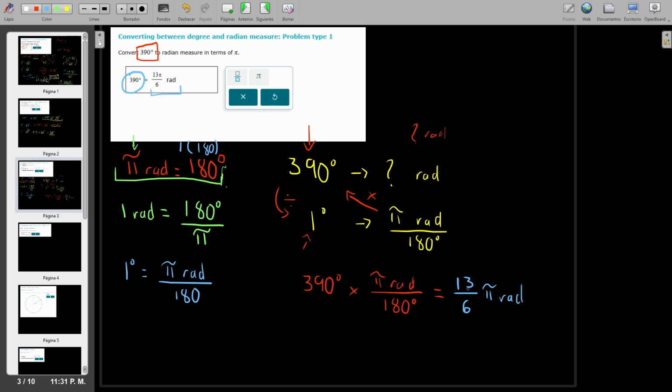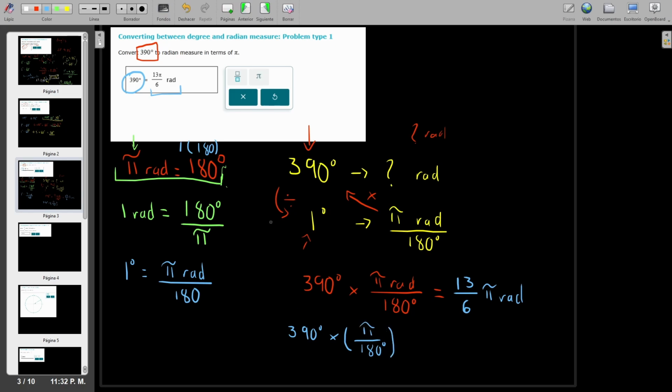How do we know this is 13 over 6? We can put the whole thing as 390 degrees times 1 over 180 degrees times pi.